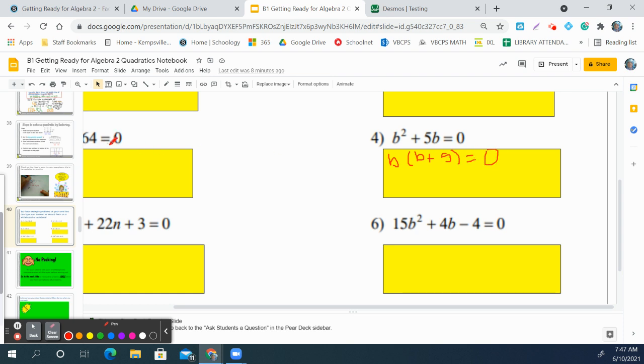It still had the 2 factors, but this time it had the b and it didn't have the c. Right? So we still set these both equal to 0. B equals 0. So that's easy. And then b plus 5 equals 0. So what's b equal? -5. Okay, b equals 0 and b equals -5. There are 2 roots here.